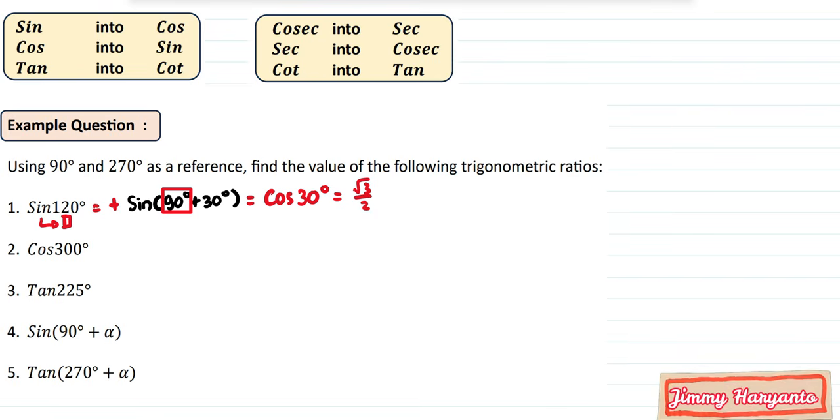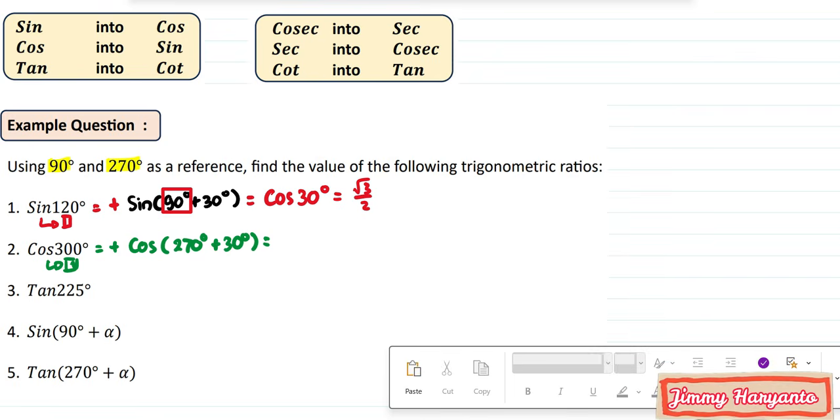Next is 300. 300 lies in the fourth quadrant, so cos in the fourth quadrant will become positive. It means we have to use 270 for this one, 270 plus 30. Maybe you are asking why we have to use 270. You will only use 90 and 270 if the question wants you to do it like this.